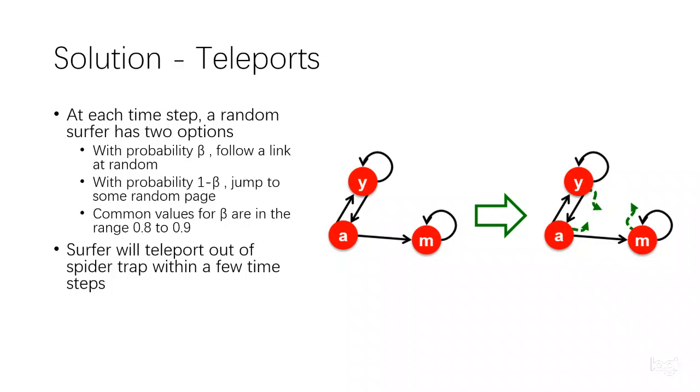We assume at node M, with probability beta, the user will follow the outlink pointing to itself. However, there's a random probability of 1 minus beta that the user will jump to some random page, which is Y, node A, or itself.